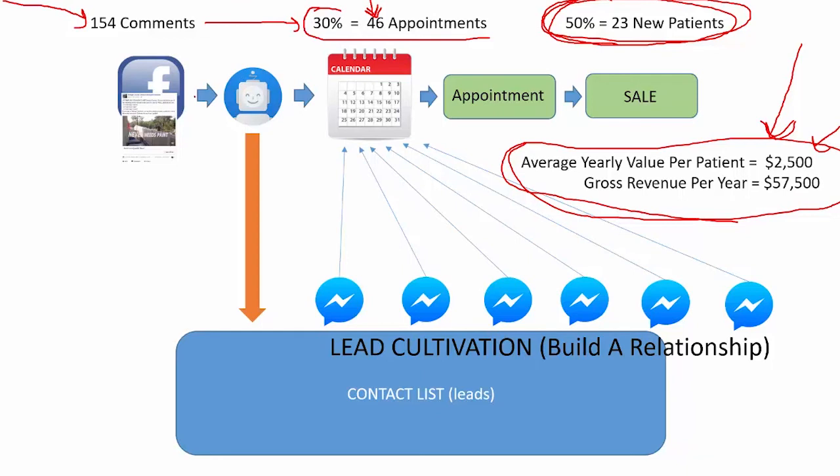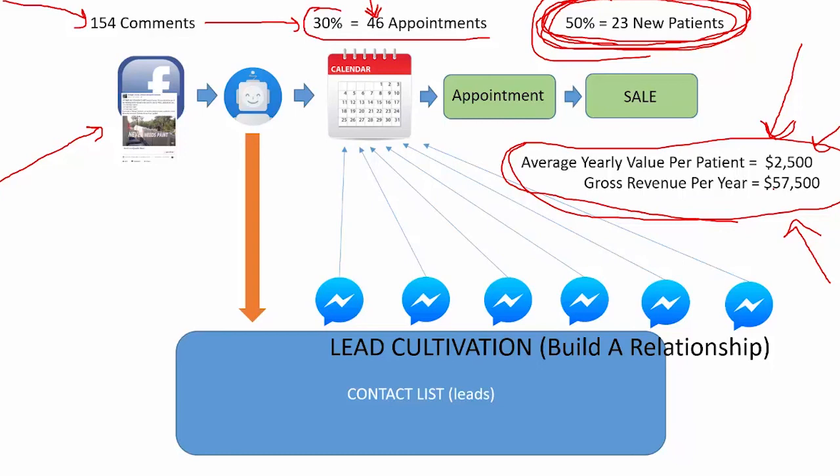Now, this is 1 month of advertising with one advertisement. This is not even counting the other advertisements or anything like that. This is kind of a bare minimum scenario. So if you imagine this type of scenario with your particular practice, and you were to have 23 or 30 or 50 new patients coming through your door in a month, how much revenue would that be to your practice?